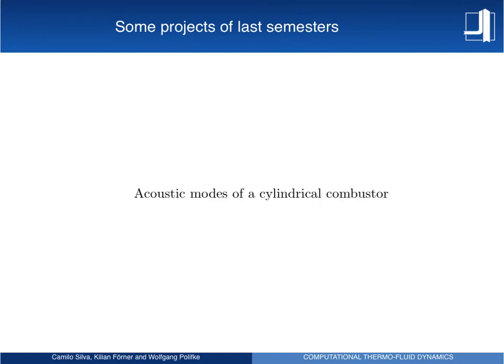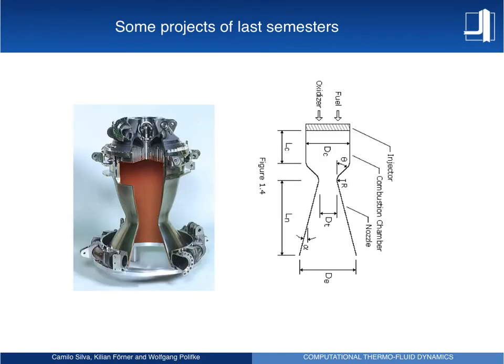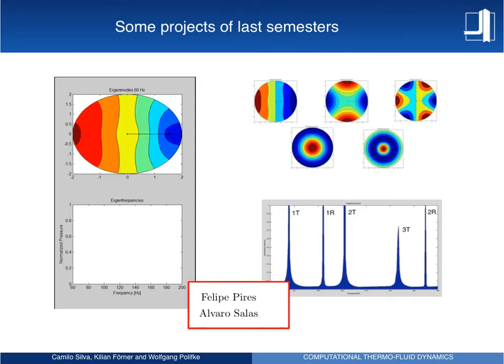Okay, this is again an acoustic project. In here you can visualize this nozzle coming from a rocket. When you look at the cross section of this nozzle, you realize you have just a circular domain. And this is after discretizing this also with finite volumes.